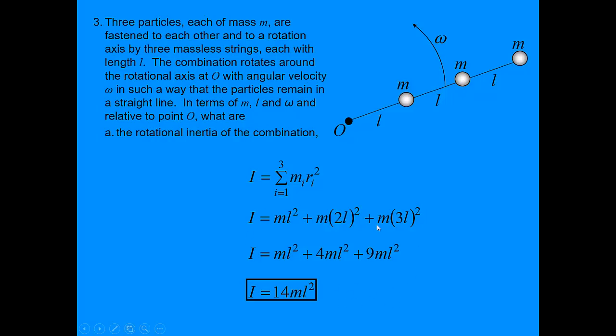Now, what if these were thin rods of some mass and a length L? Okay, well, then they would contribute to the rotational inertia. So we would have to add to this 14mL squared, which would still be the same for the 3 masses, some rotational inertia for these 3 rods. Now, there's 2 ways to do this.